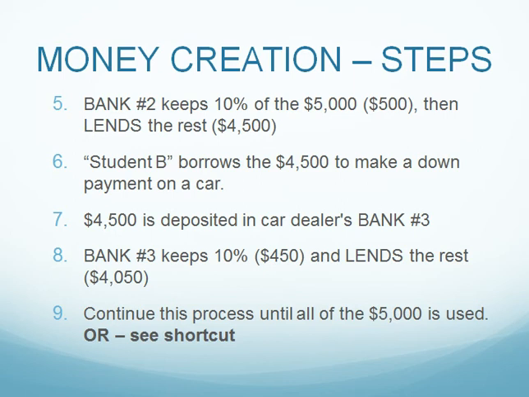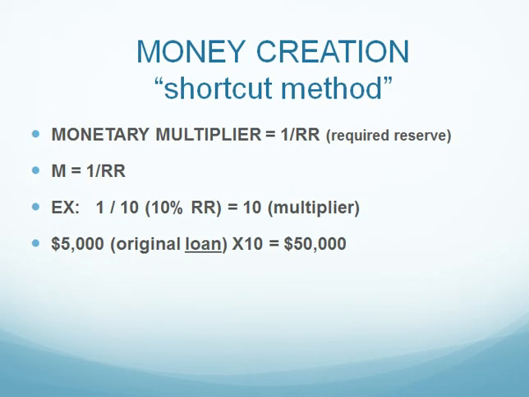So we can continue this process through all of the banks until we run out of the initial $5,000, or we can use a shortcut. And the shortcut is the money creation. This is called the monetary multiplier. It's 1 divided by the required reserve. So M equals 1 over RR, and you've been given 10%.